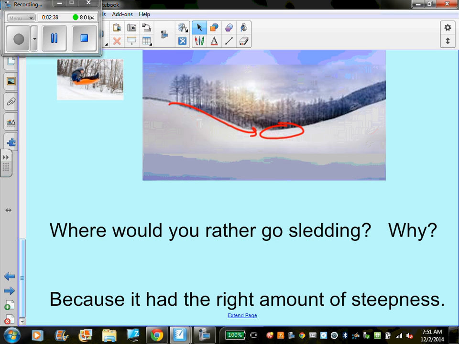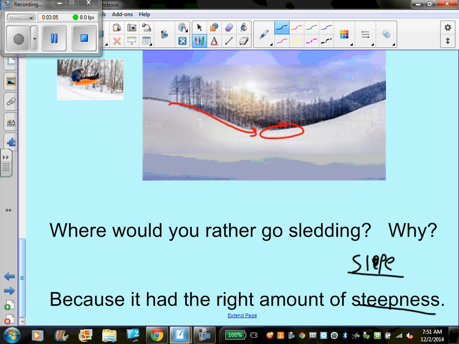So, this idea here is the idea of slope. And slope is basically how steep a hill is, or how steep a line is when we're talking about math. So, steepness is the same idea as slope.